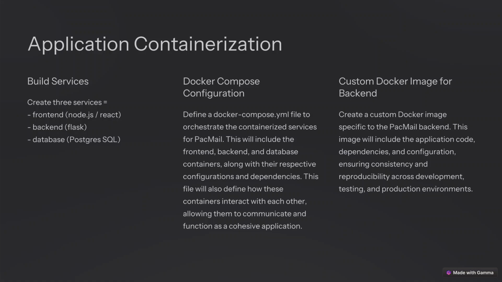Some of these services have custom images for the backend, so we need to create the Dockerfile for the backend. For the front end we also need to set up the environment, and PostgreSQL for the connection between the backend and database.